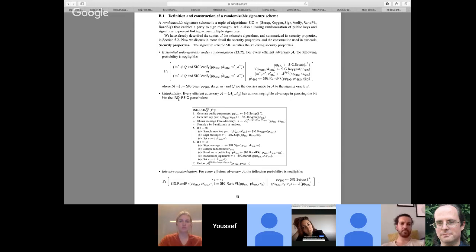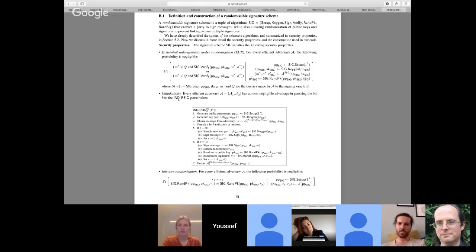But if you want to be more generic, it will be exponentiation and multiplication. You substitute the addition by multiplication, and the multiplication by exponentiation. But I prefer to look at it in terms of elliptic curve, even if it is a little bit more specific. So this is how you randomize a public key.